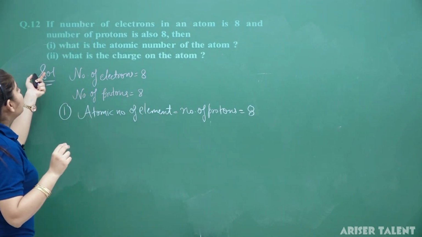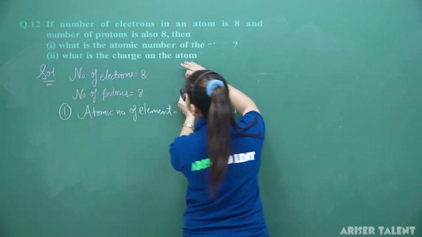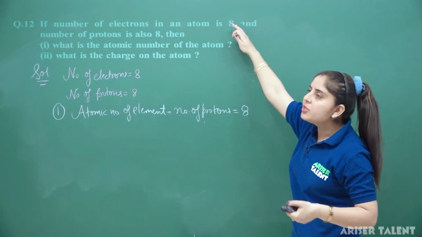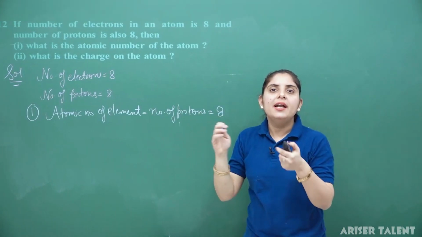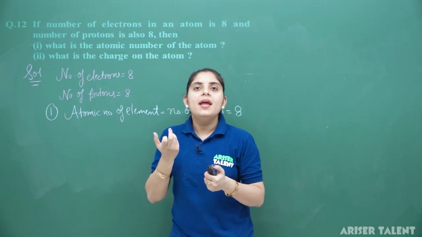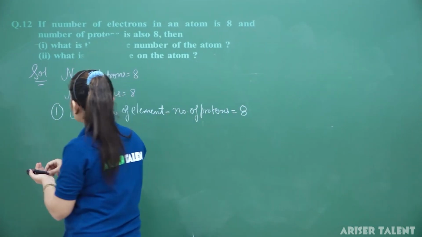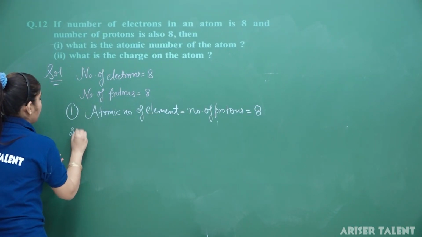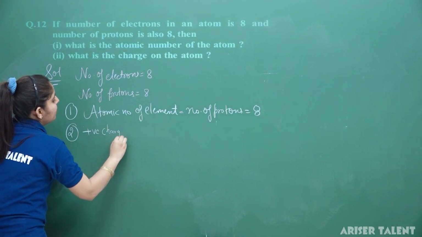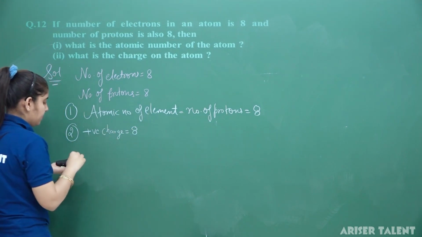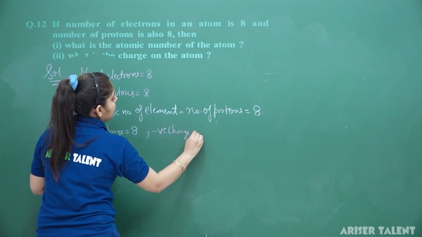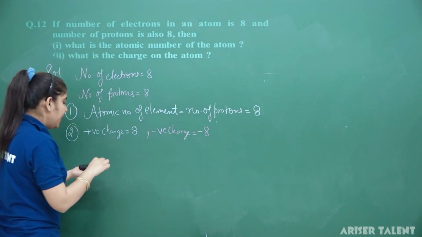Now in our next section, we want to find out the charge of an atom. So if we are given 8 positive charges and 8 negative charges, the entire charge on the atom will be 0. It means we can conclude that the atom is neutral. The positive charge is 8 and the negative charge is also -8.